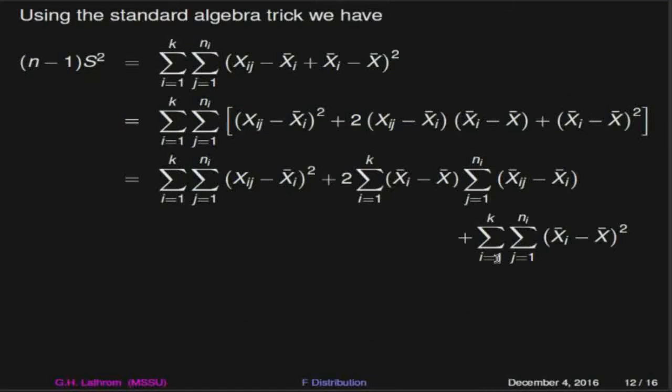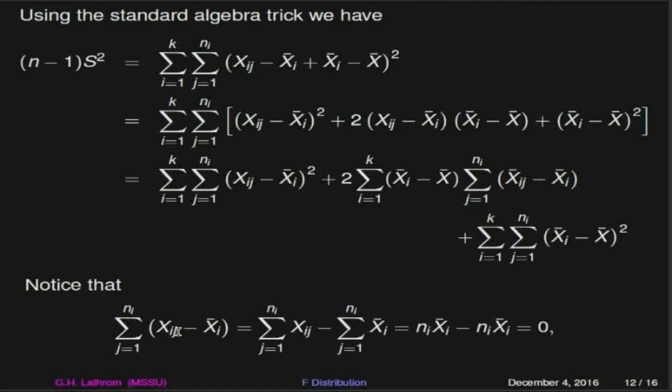Okay, and so now let's do some algebra. The algebra trick that we do, we subtract the group mean and add the group mean inside so it stays balanced. We expand all of this, and so we have a rather complicated expression that looks something like this. Now, what's going to be the real key here is if we notice that if we sum over all of the values and subtract the within group means, that is just 0.